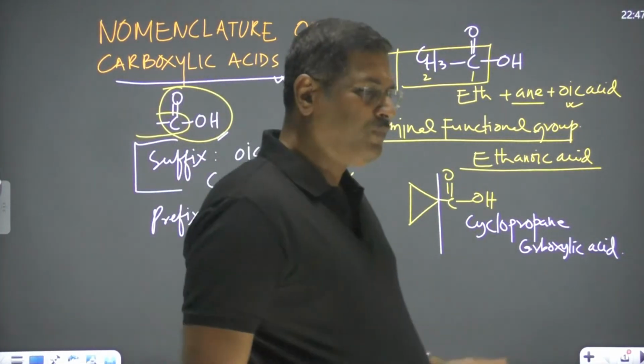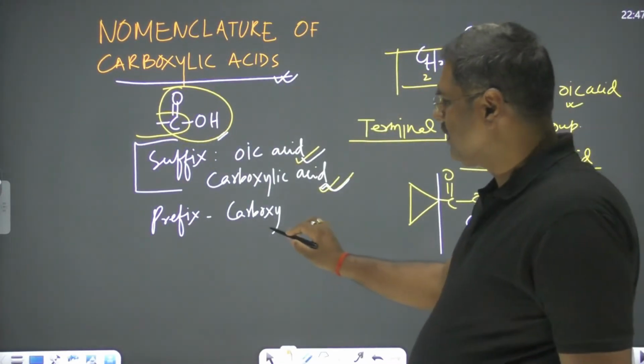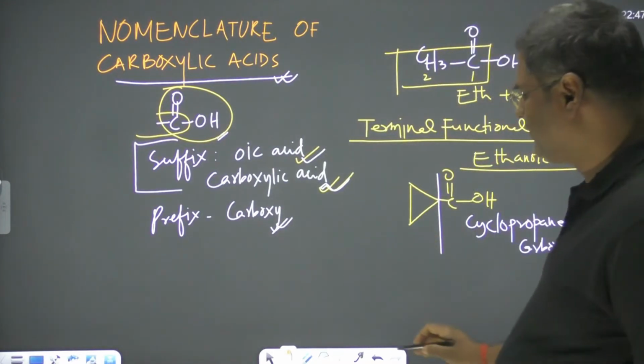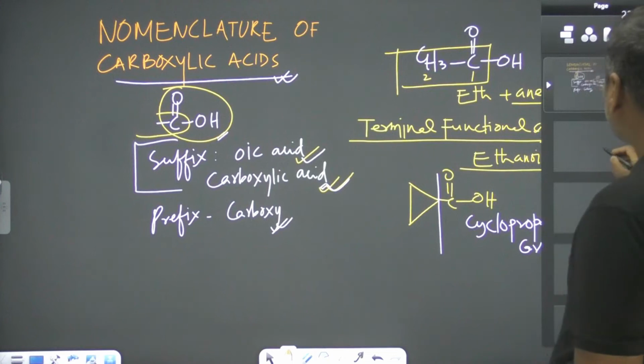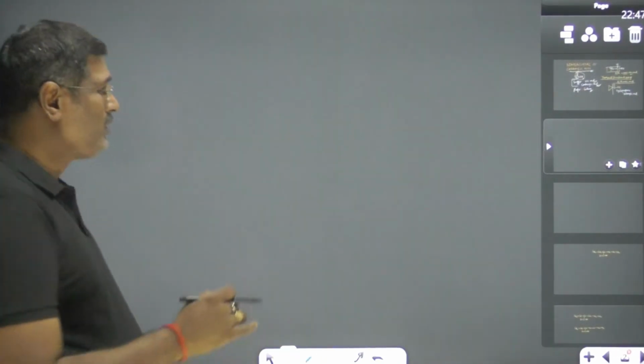For better clarity, take a few more examples, and then we will define how carboxy is used as a prefix. This is the other part. Yes, you see this one. I discuss one more example, as we need better clarity.